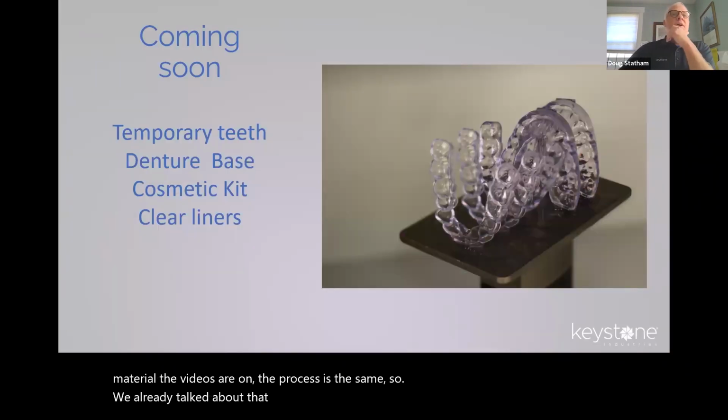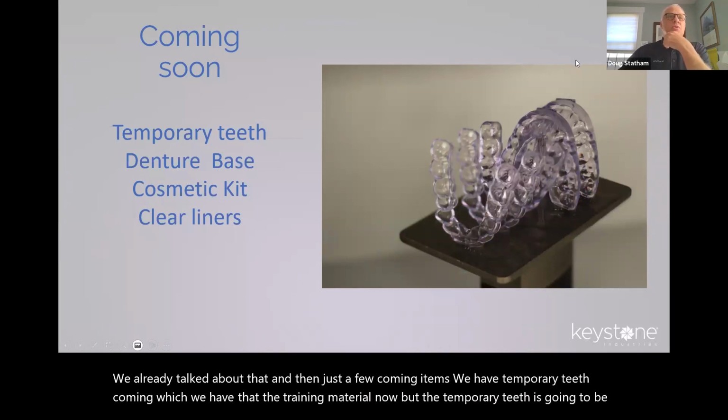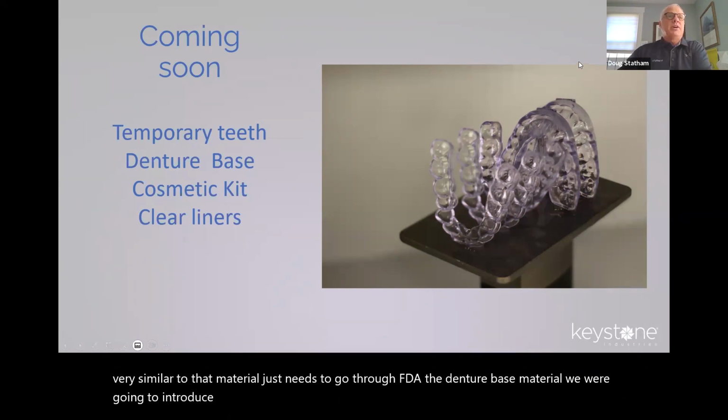And then just a few coming items. We have temporary teeth coming, which we have the try-in material now, but the temporary teeth is going to be very similar to that material. It just needs to go through FDA. The denture-based material, we were going to introduce this more than a year ago, and we held back because we didn't want to come out with just a me-too product.